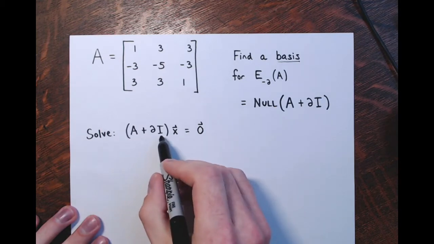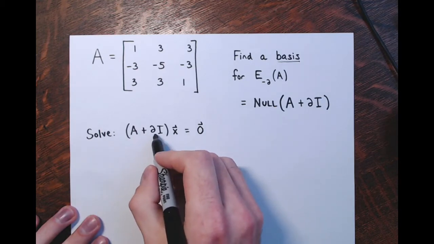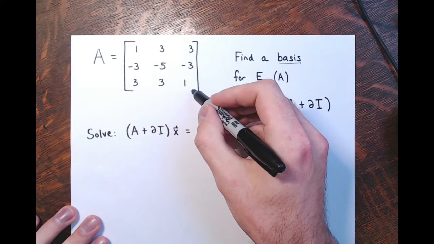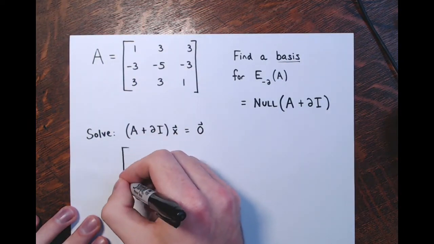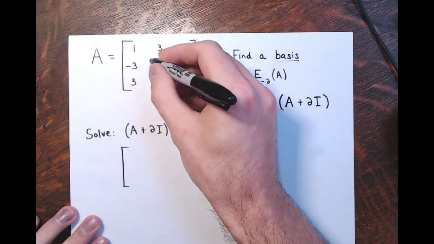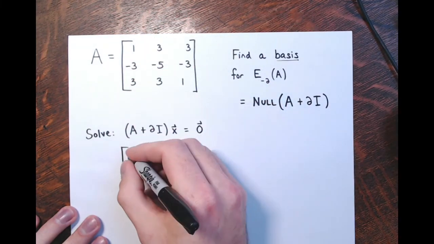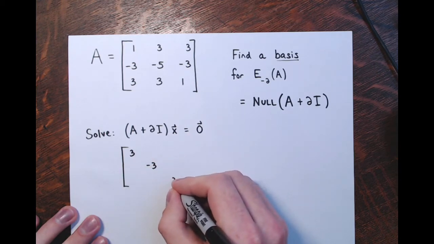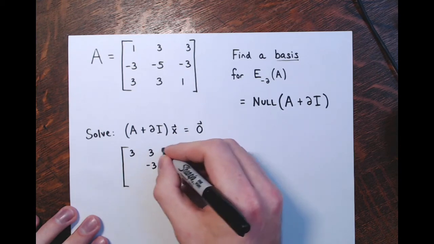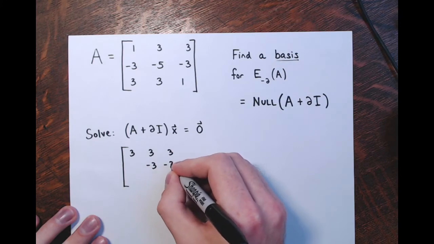So what does A plus 2I look like? That's just adding 2 down the main diagonal, and every other entry stays the same. So adding 2 down the main diagonal would give me 3, -3, and 3, and all the other entries remain the same.